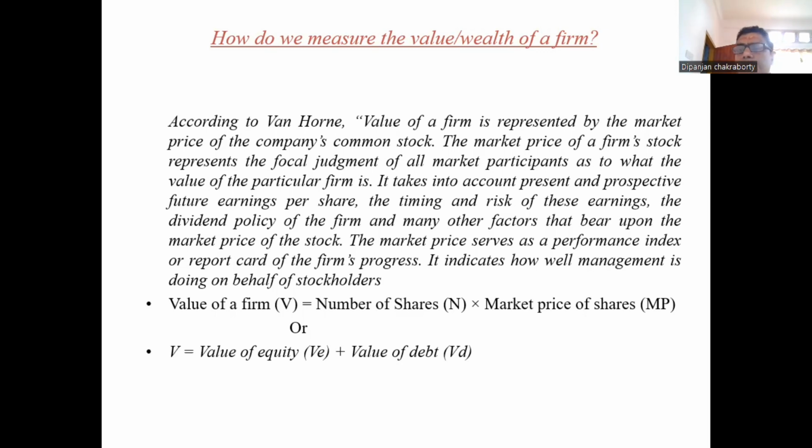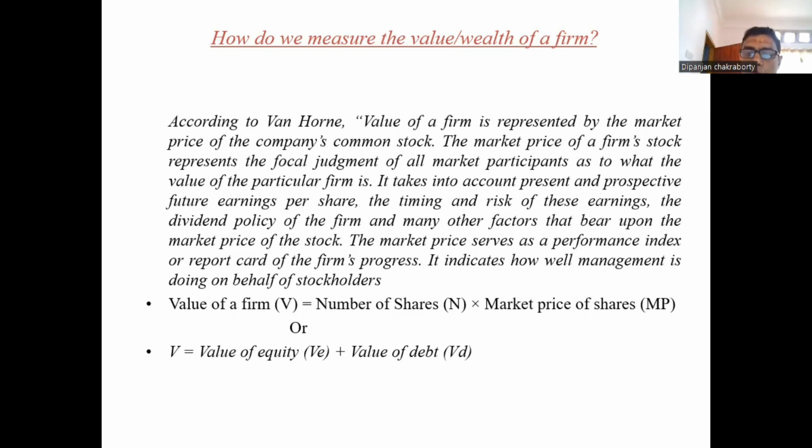If we mathematically express it, the value of a firm is equal to the number of shares multiplied by the market price of shares, or the value of a firm is the value of equity plus value of debt. That means the value of a firm is the combination of maximization of value of equity and maximization of value of debt.